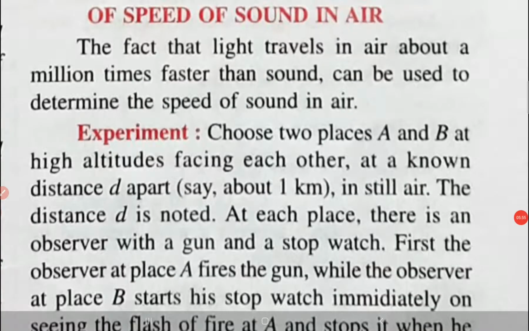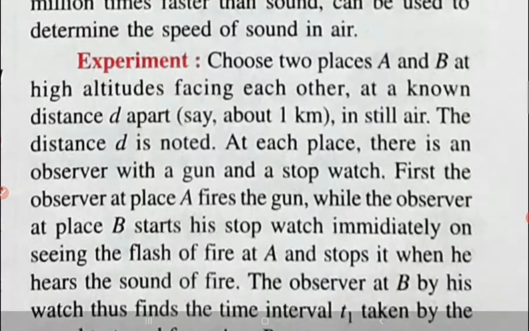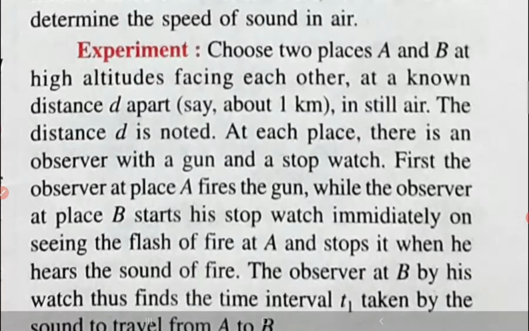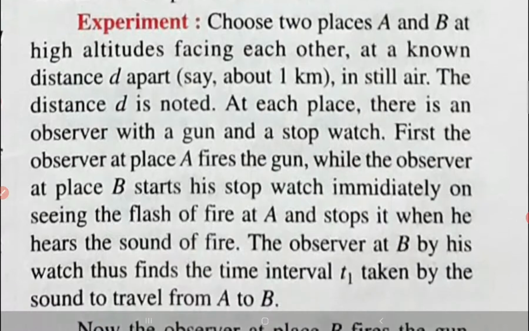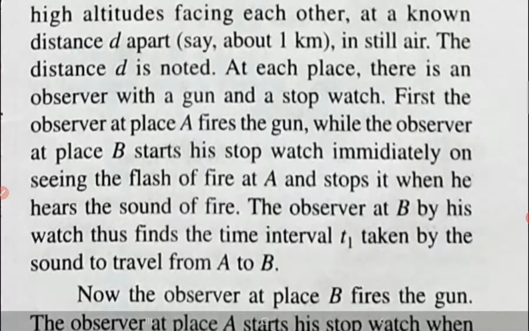So at each place there is an observer with a gun and a stopwatch. First the observer at place A fires the gun, while the observer at place B starts his stopwatch immediately on seeing the flash of the fire at A and stops it when he hears the sound of the fire. So the observer at B by his watch thus finds the time interval T1 taken by the sound to travel from A to B. Now the observer at place B fires the gun.